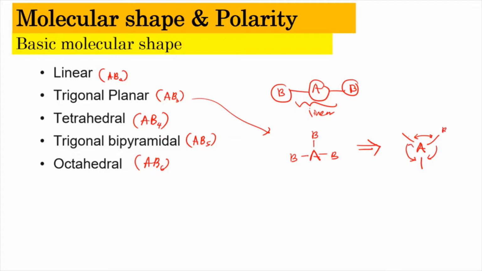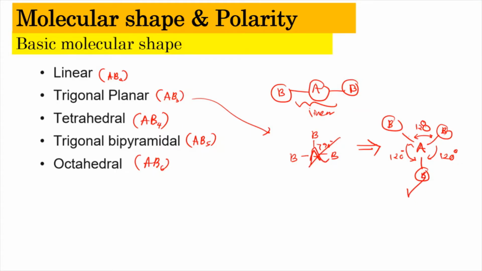So we're going to have terminal atom B here, terminal atom B here, and terminal atom B here. So we're going to have 120 degrees, 120 degrees, and 120 degrees instead of like this, which is like 90 degrees, so they are very close together. So this one is incorrect and this one is correct.